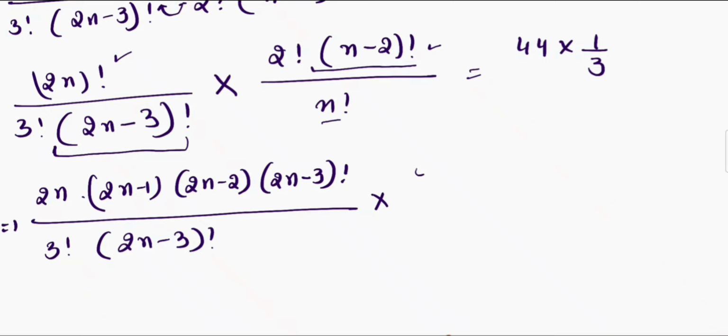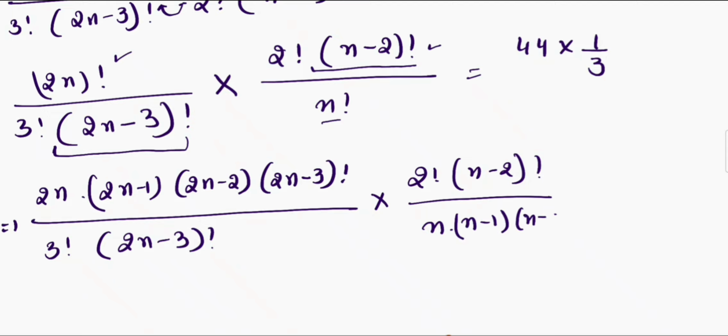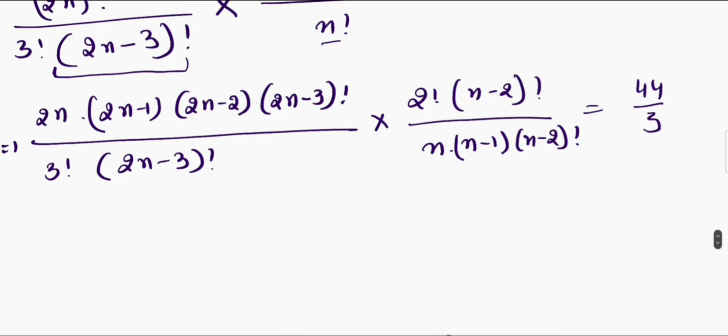So we can write this as 2 factorial as it is, (n minus 2) factorial divided by n times (n minus 1) times (n minus 2) factorial, is equal to 44 divided by 3.